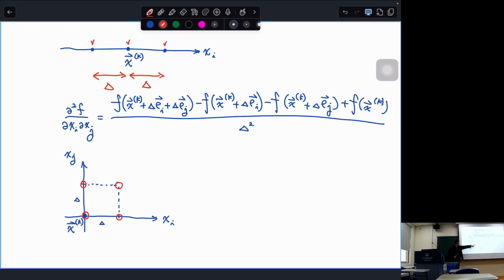So this one minus this one and minus this one plus the original one. So whenever you are estimating the second order partial derivative with respect to xi and xj, you can do this. This is the forward scheme. And from here you can see these two have been used when we did partial derivative with respect to xi.